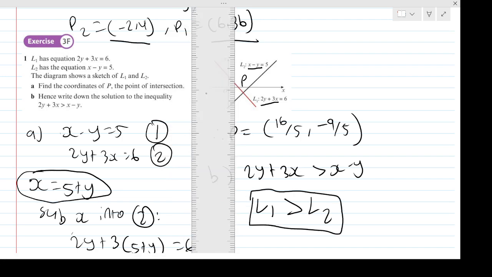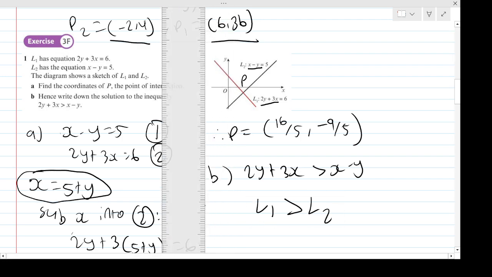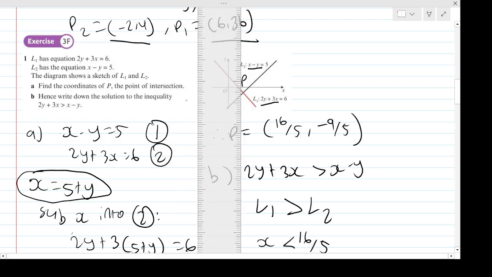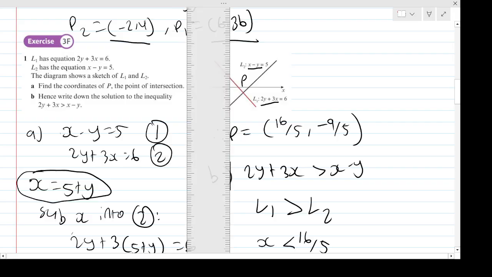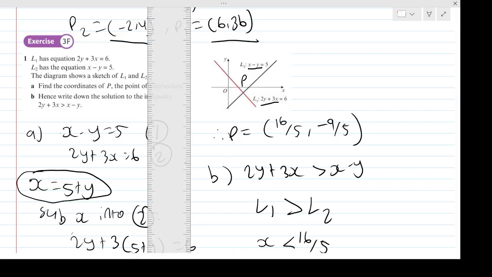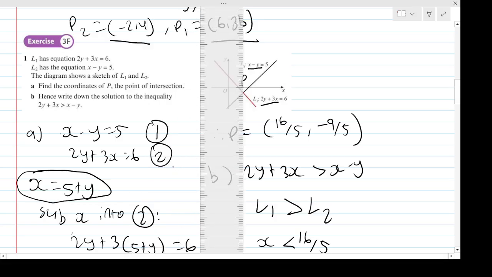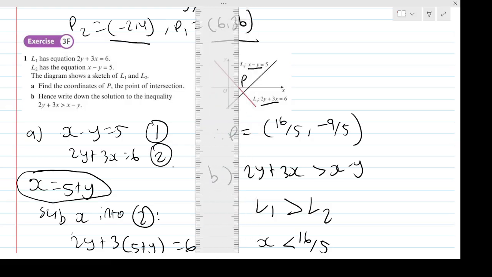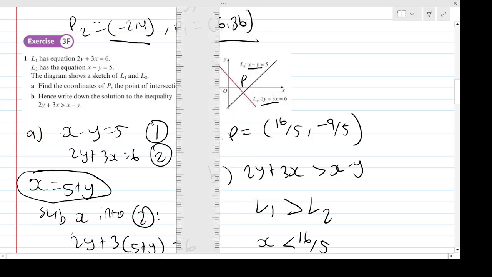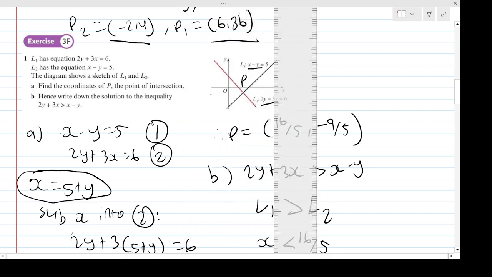So L1 greater than L2 occurs when x is less than 16 over 5. So that's the x value. That means that inequality holds true. But then let's consider whether L1 would be bigger than L2 again, after it reaches P. Well, after it reaches P, actually L2, this line here, is now bigger than L1, and it will continue to do so forever.